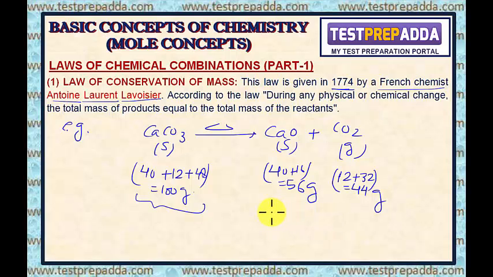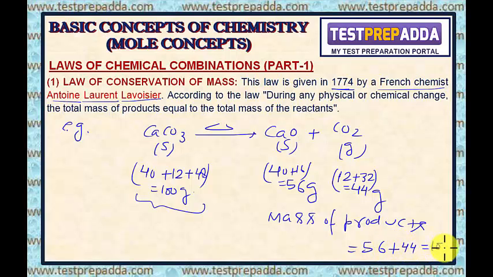So I will write mass of products is equal to 56 plus 44, and that comes 100 gram, while mass of the reactant is also 100 gram. So mass of the products is equal to mass of the reactant, and that is given in the law of conservation of mass.